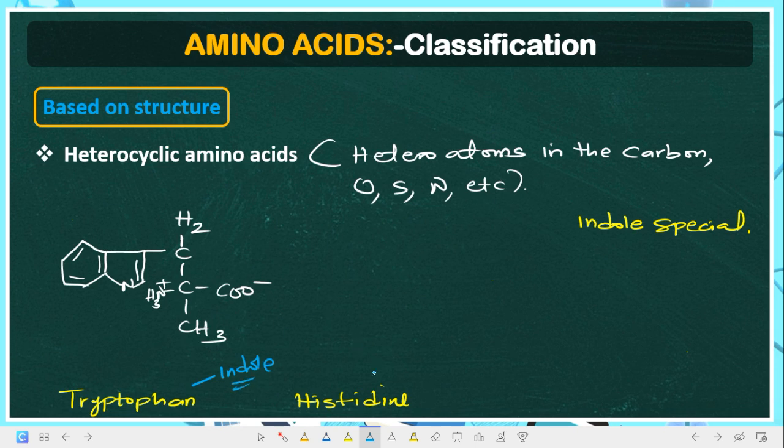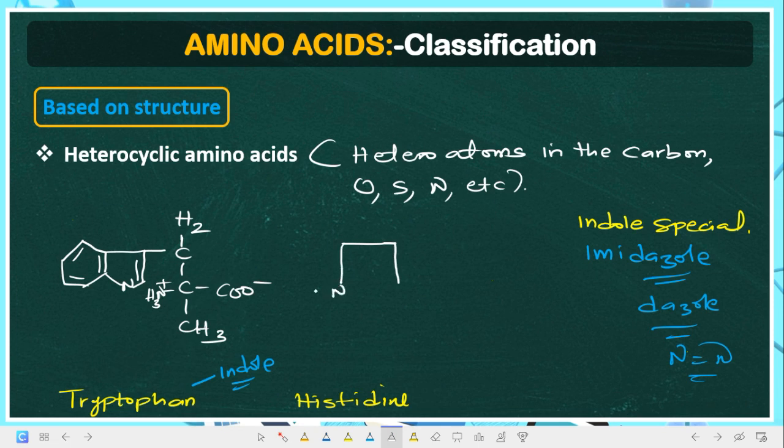Now the next one, histidine, has the imidazole. When you have the word diazole or dazole, it is telling you that in the compound there are how many nitrogens? Two nitrogens. Are we getting it? So let us draw the structure of the imidazole group. The imidazole group is like this.